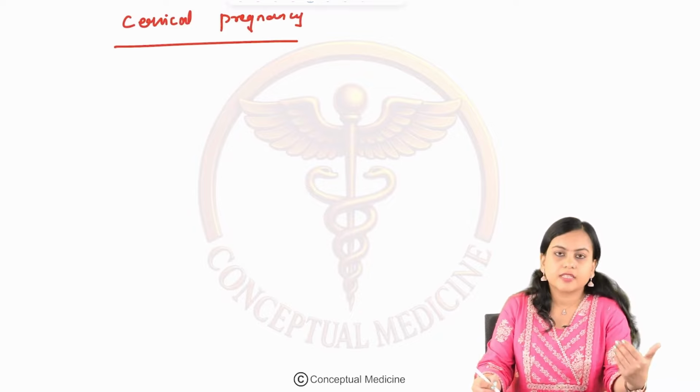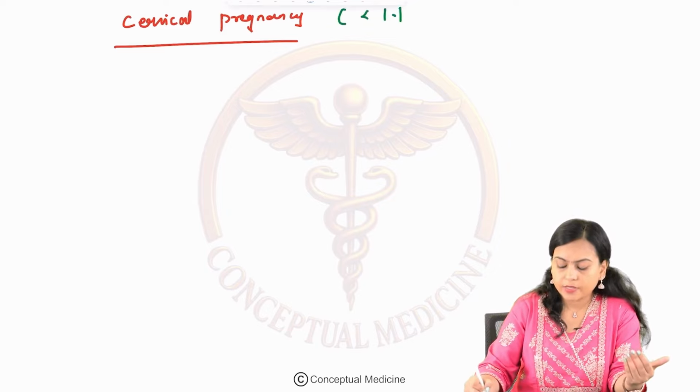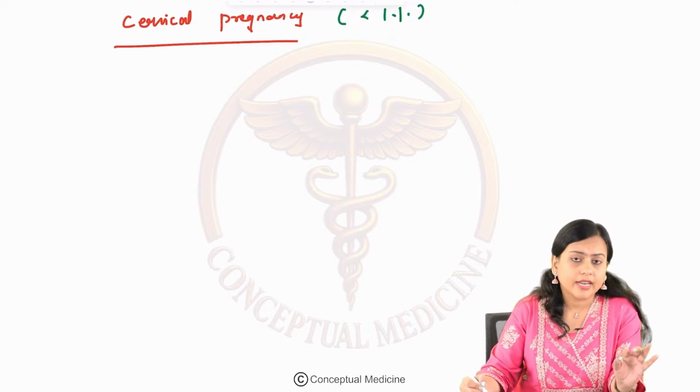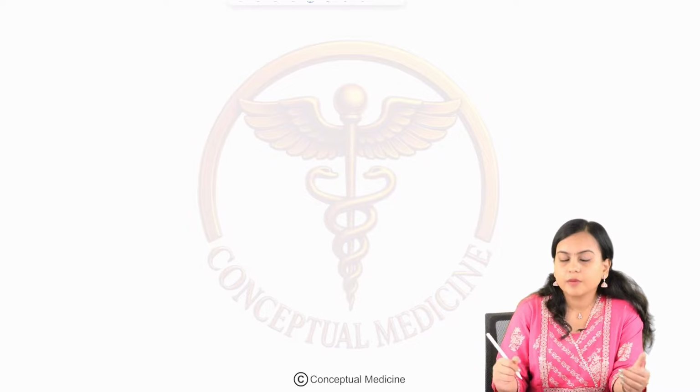See, cervical pregnancy is also one of the rarest pregnancies, occurring in less than 1% of the people. That means it is very rare and it can occur in 1 in 9,000 pregnancies. So, what is happening here? The blastocyst implants in the endocervical canal.